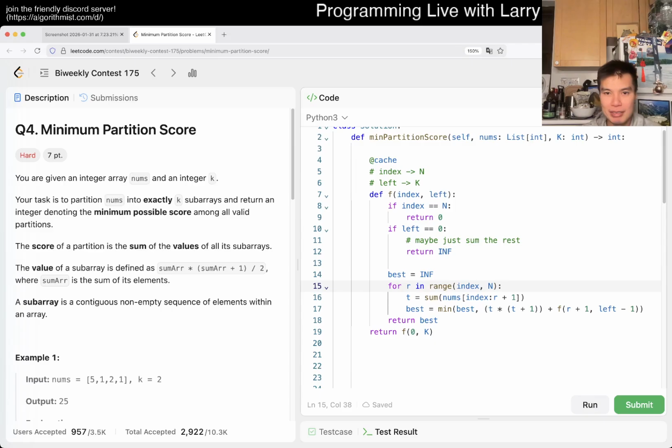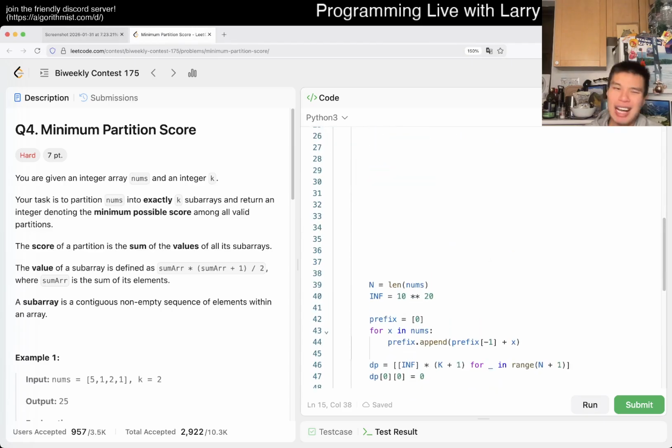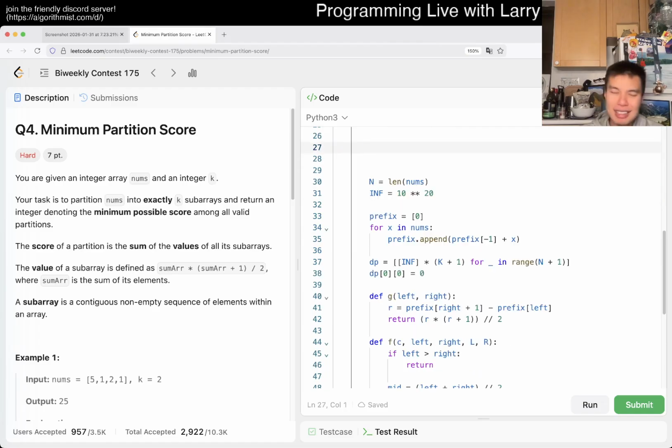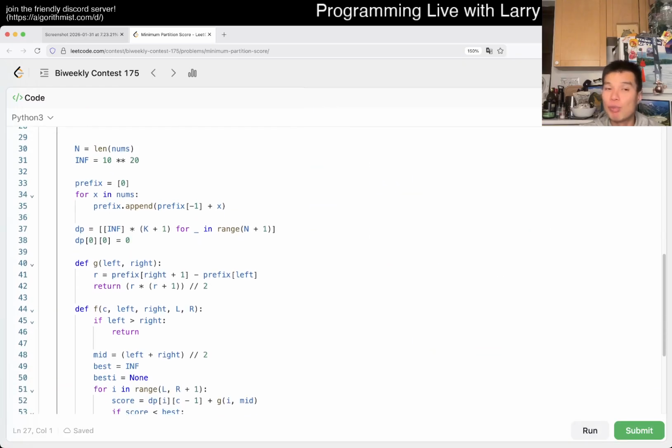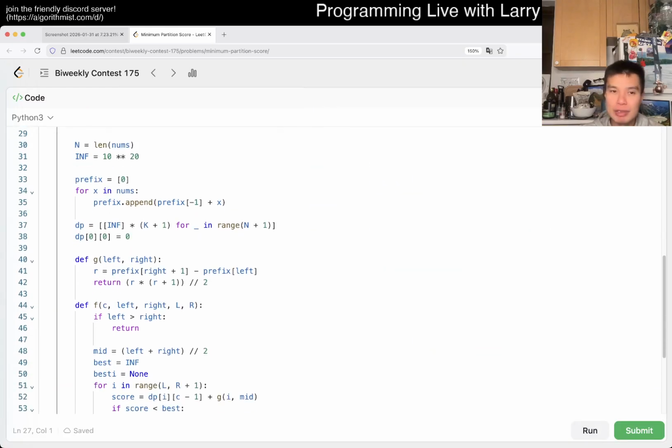And we'll go over it now, right? And honestly, this part is what I meant by, if you know it, you know it. If you don't, you don't. Because a lot of this, from my understanding, and though my code is a little bit messy, is more or less the template that people use for divide and conquer optimization on this kind of DP.